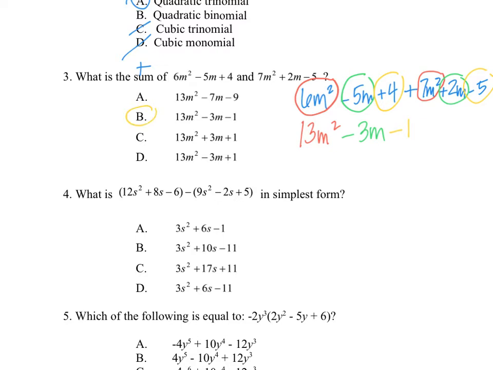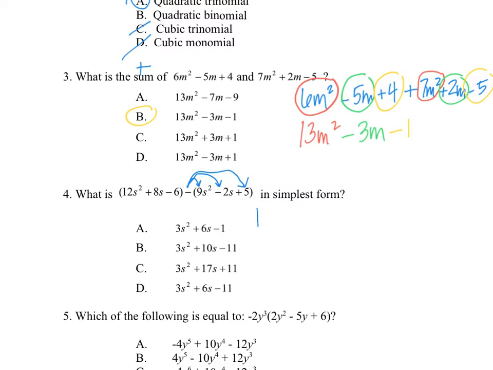This time, for this next one, it is asking us to subtract. So when we subtract, we're going to need to give that subtraction sign to every term that is in the second trinomial. So basically the signs of each of those terms are going to change.